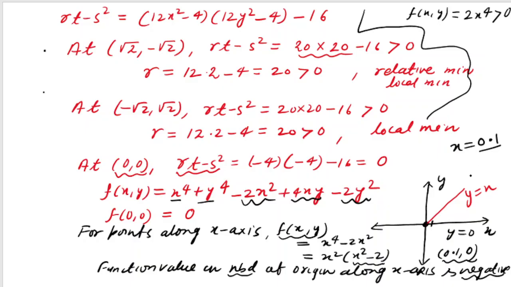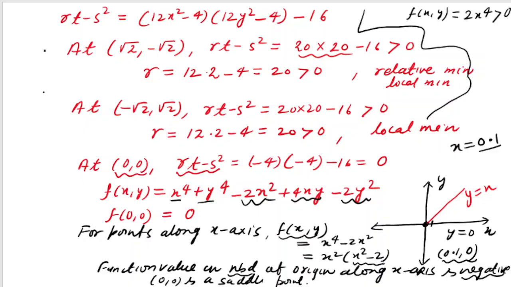So 0 comma 0 is a saddle point, because a saddle point is a point in which it is neither a maximum nor a minimum. So I can conclude that 0 comma 0 is a saddle point. I hope I have been able to explain it properly.